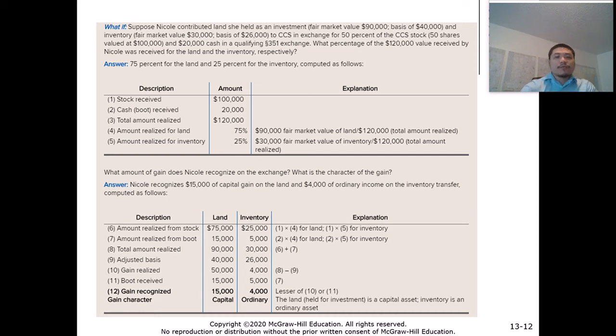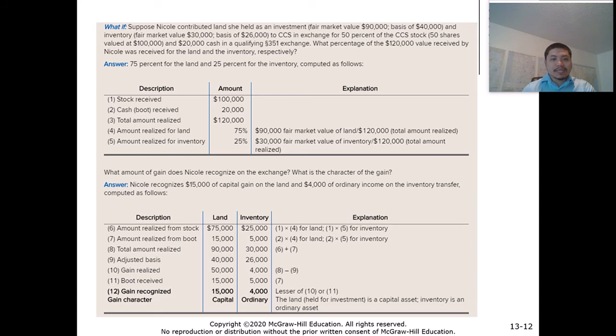So in here we have $90,000 coming from the land, out of the total $120,000 transferred, right? So we take $90,000 divided by $120,000, and that gives us 75%, right? And then the rest, $30,000, comes out as 25%, right? So that answers the first question, right?